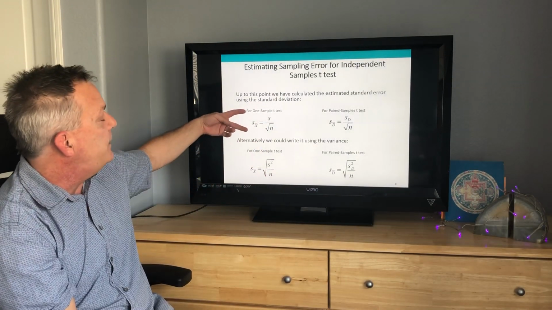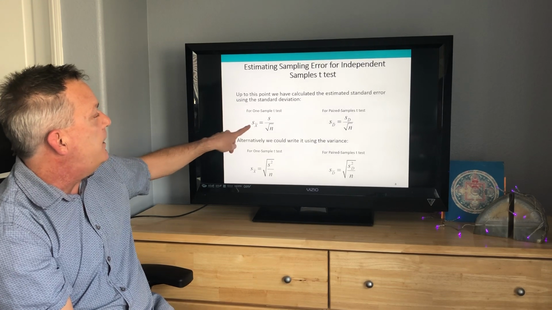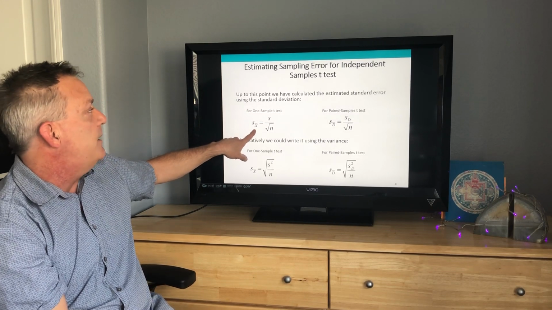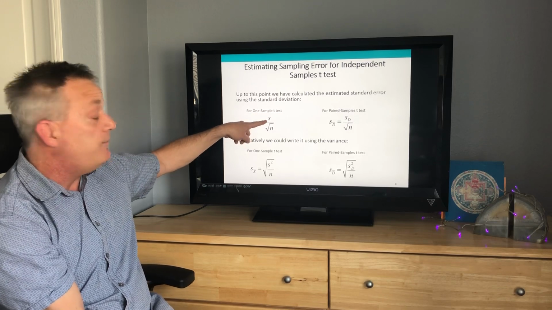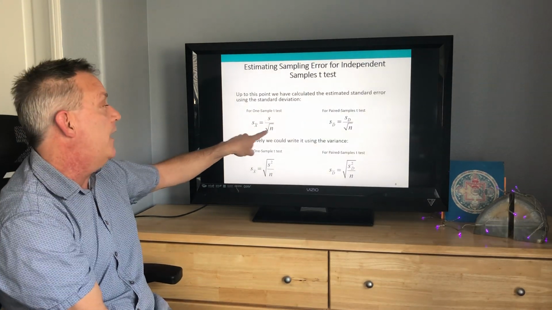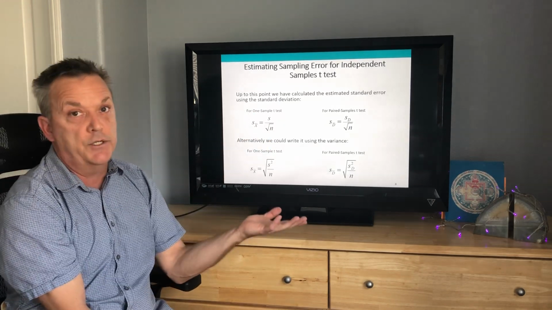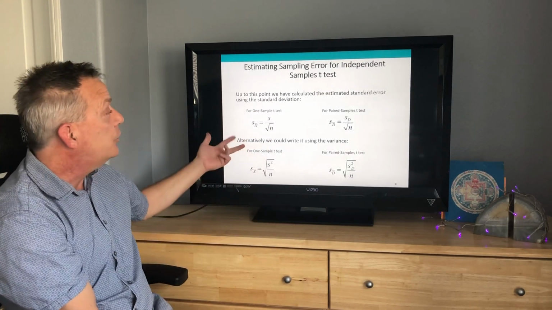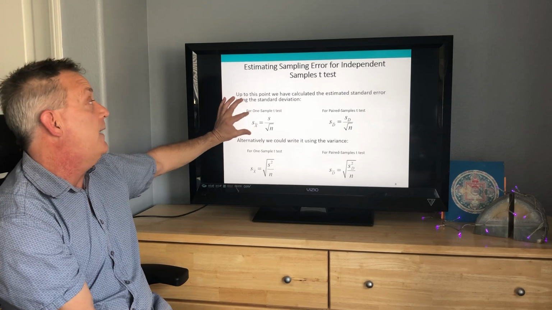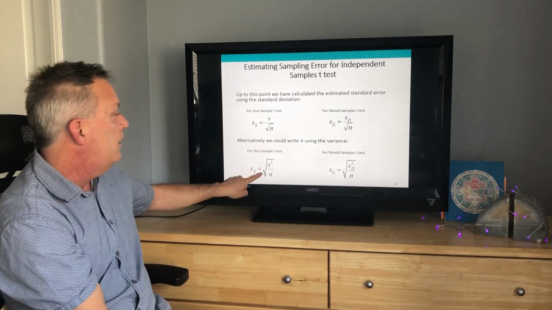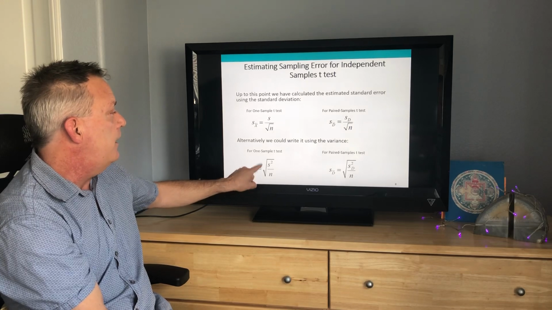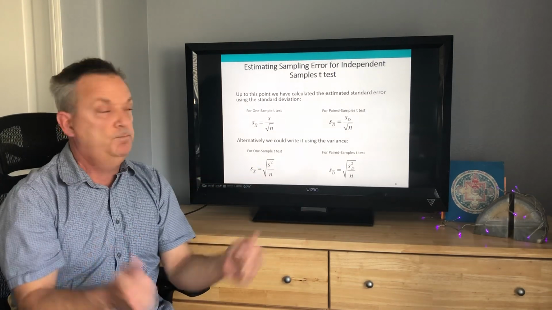So for a one sample t-test, we can use the S sub x right here, the estimated standard error for a one sample t-test. We take the standard deviation of the sample and divide it by the square root of n, our sample size. Alternatively, we can write the same formula for the estimated standard error using the variance, and then we just take the square root.